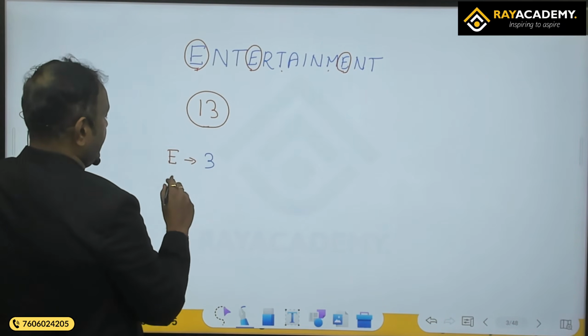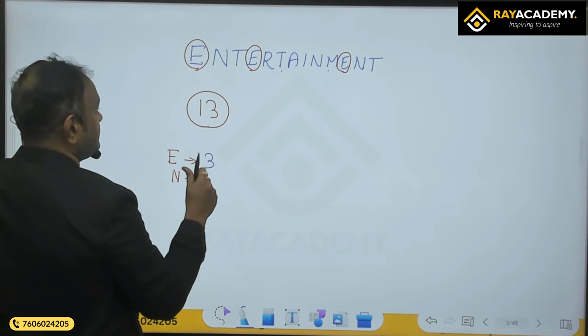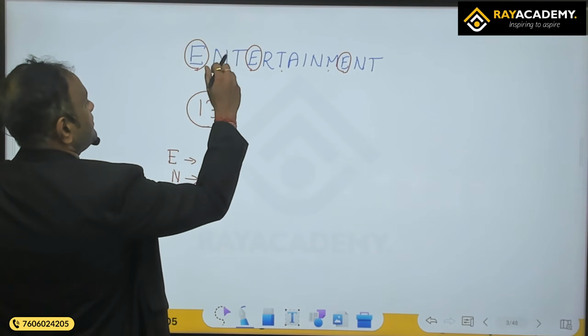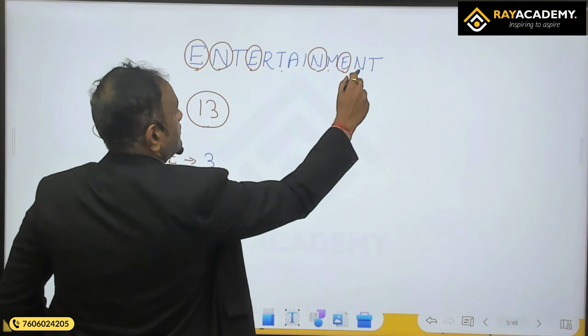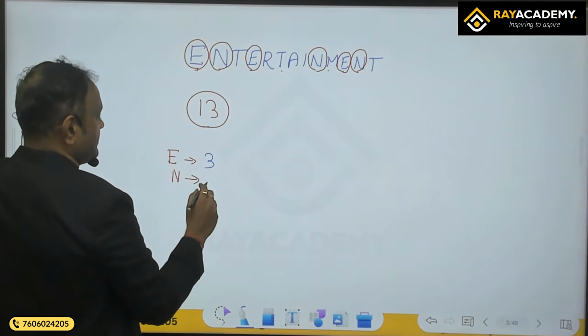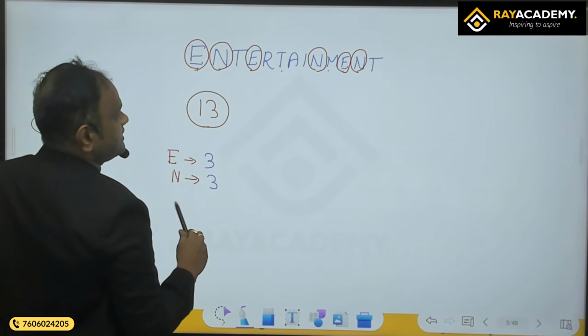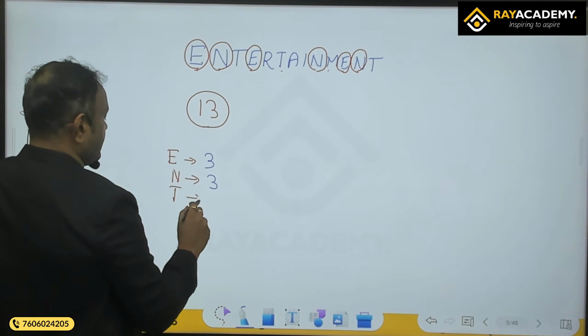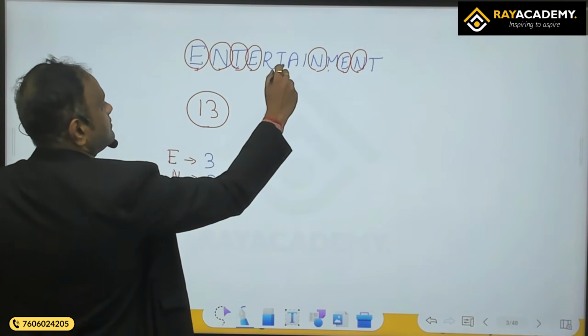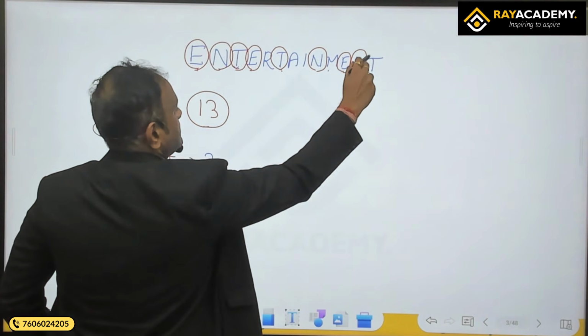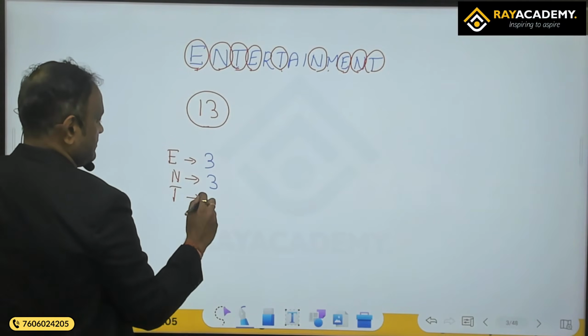Next, N is repeated how many times? 1, 2, and 3. So N is also repeated 3 times. Next is T. T is repeated how many times? 1, 2, 3. T is also 3 times.